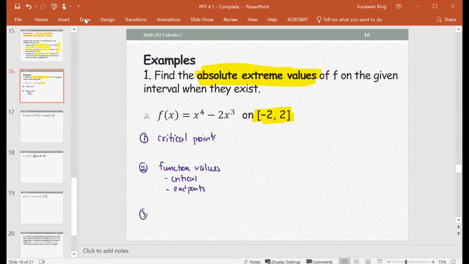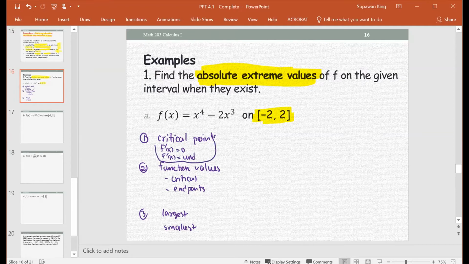And then step 3, find the largest and the smallest. Okay, three main steps. To find the critical points, we have to find the derivative and set it equal to zero. Also look for the case where the derivative is undefined or doesn't exist.